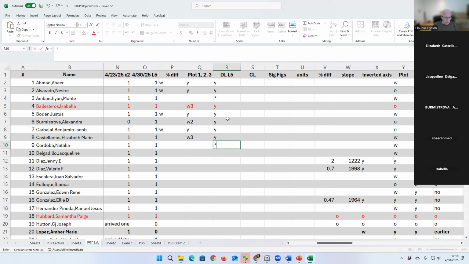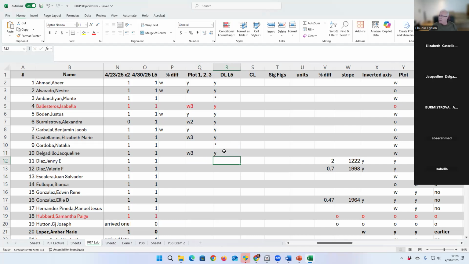Okay, it doesn't look like she's in front of her computer. Let's go to the next one. Jacqueline Delgadillo. Hi. Okay, did you download your spreadsheet? Yes. Okay, did you plot all the three graphs? I'm working on the third one right now. The third one, okay. I'll get back to you soon.